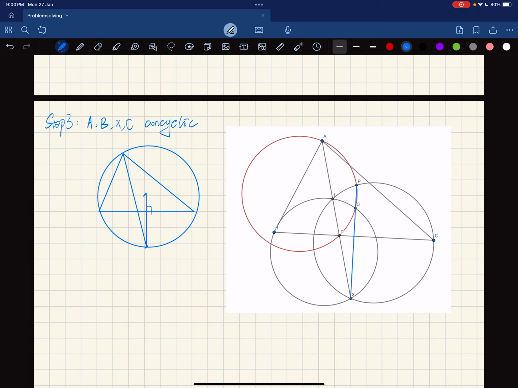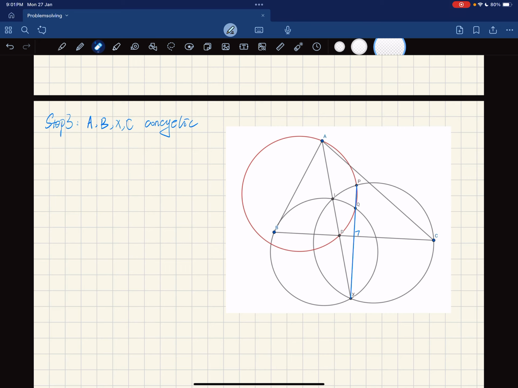So we know that here we have PX perpendicular to BC, and AX bisects angle BAC. So can we prove that A, B, X, and C are concyclic? The answer is yes. But how can we achieve that?